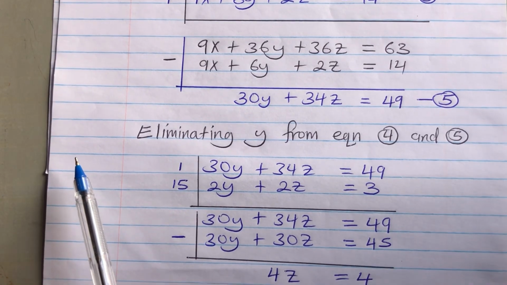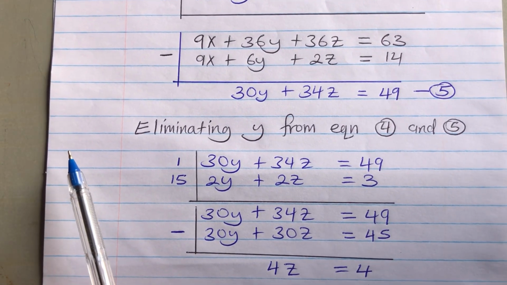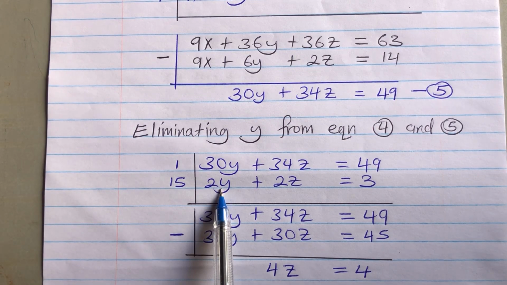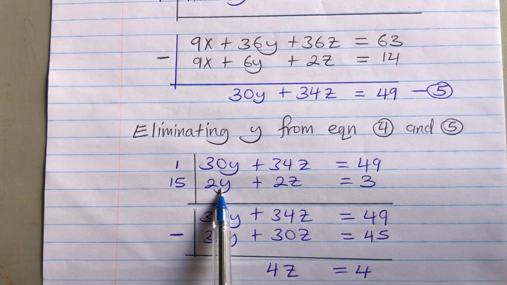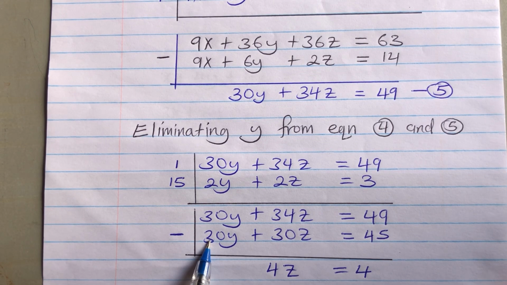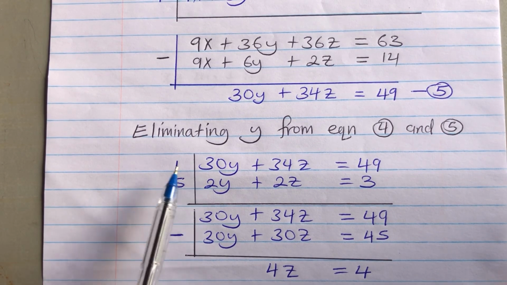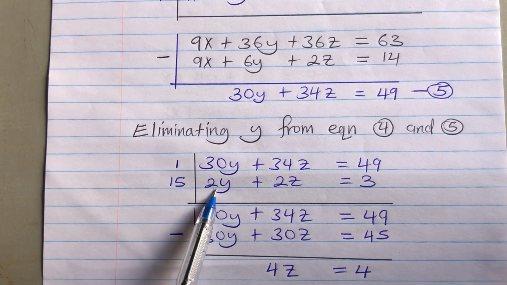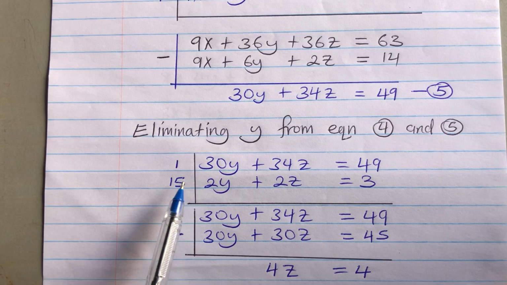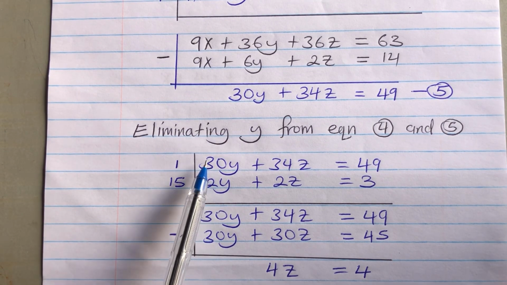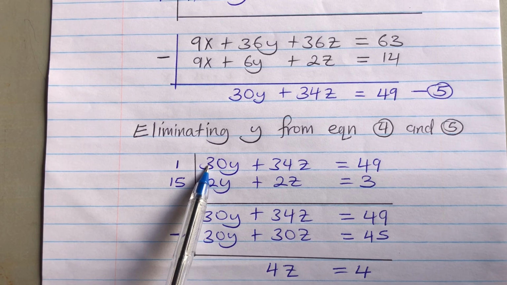Still the same procedure holds. That is to say, if we are to eliminate y, then we first make sure that y is having the same coefficient in both equations. That's why we are now multiplying this by 15, since it already has a 2, meaning that 15 by 2 gives us 30, just like in this equation 5.